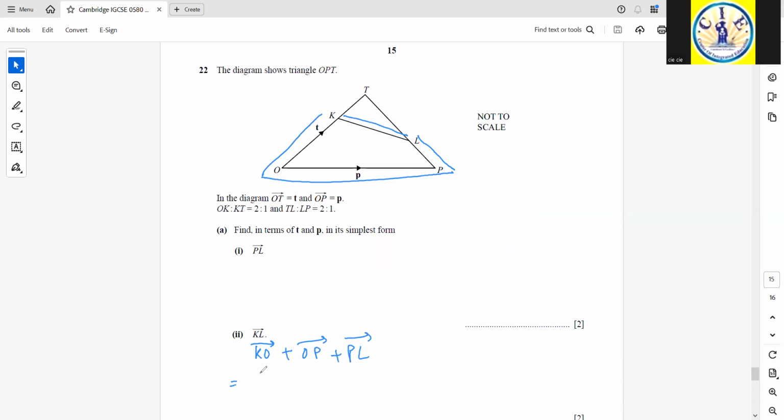KO is two portions out of three of the distance TO, or OT distance.